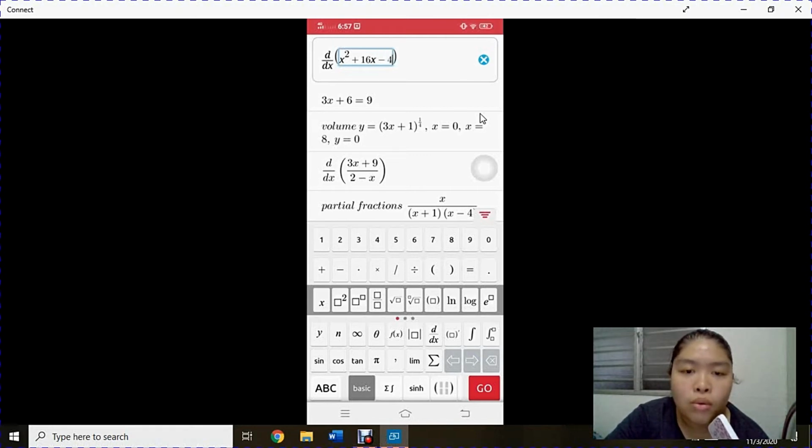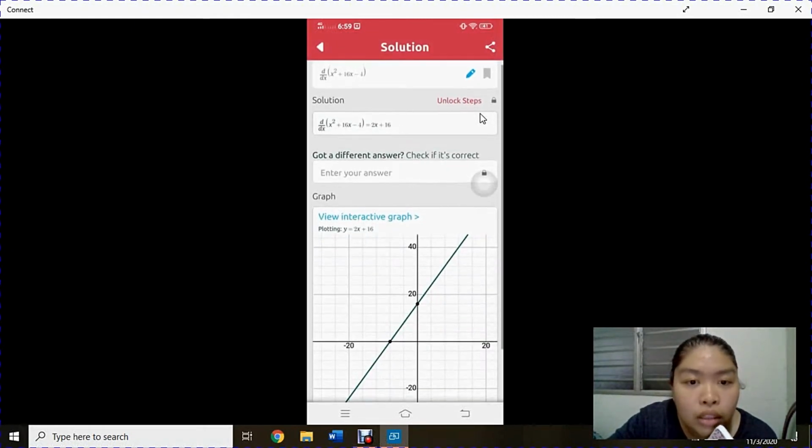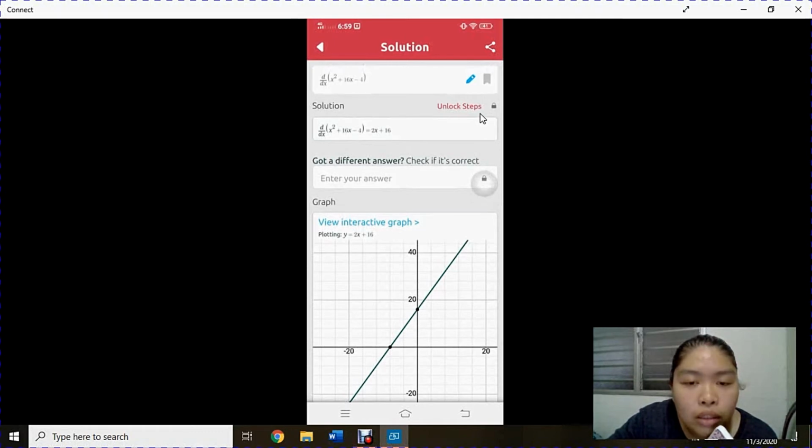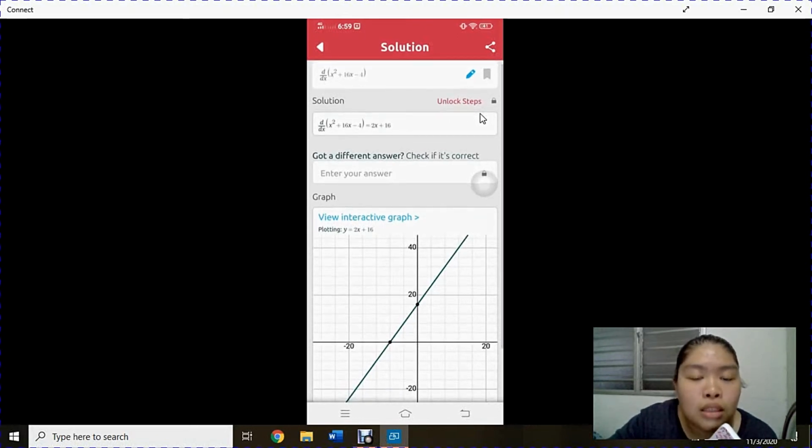Alright, just press go, and this app will give you an answer to the question you typed. Okay, this is the solution of the derivative, the question that wants the derivative of x squared plus 16x minus 4. So the answer to this question is 2x plus 16, which means the derivative of x squared plus 16x minus 4 is 2x plus 16.